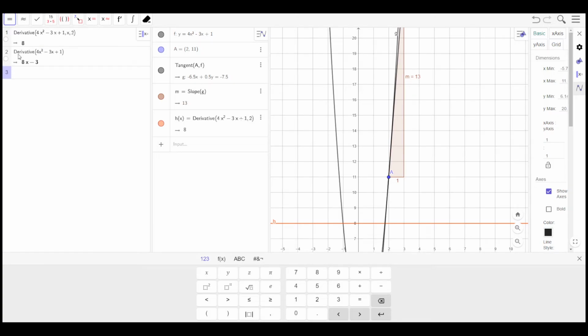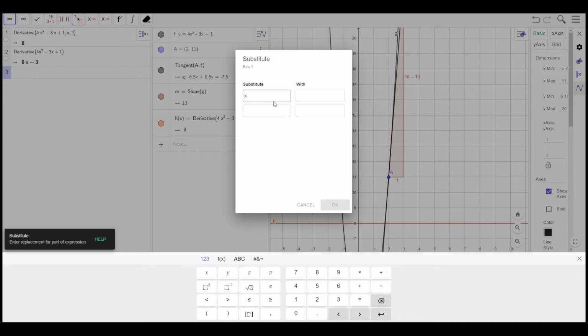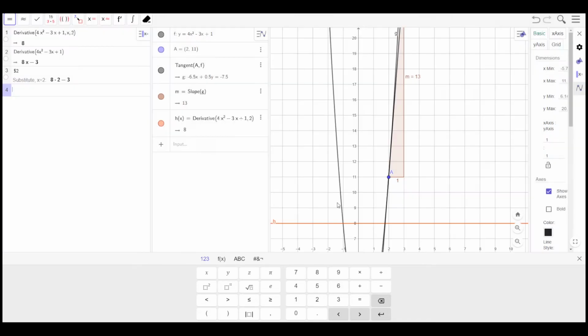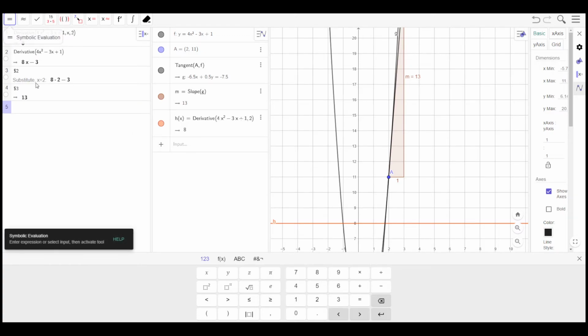I calculate this one, and then I have to use this substitution rule. Then you substitute it with 2, and okay, it gives me the answer, 13.